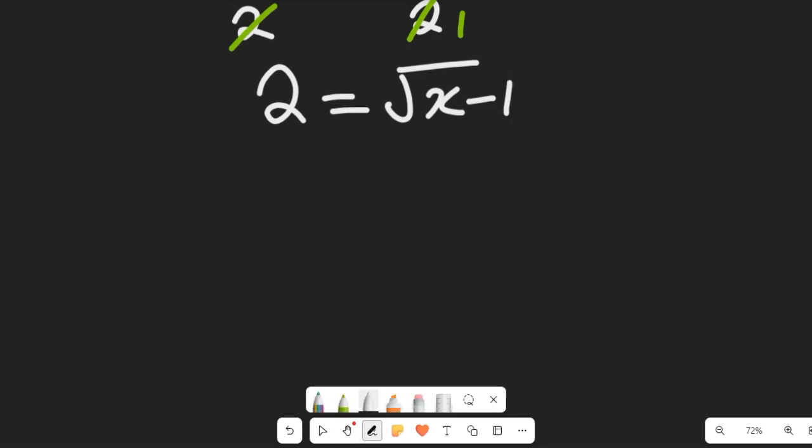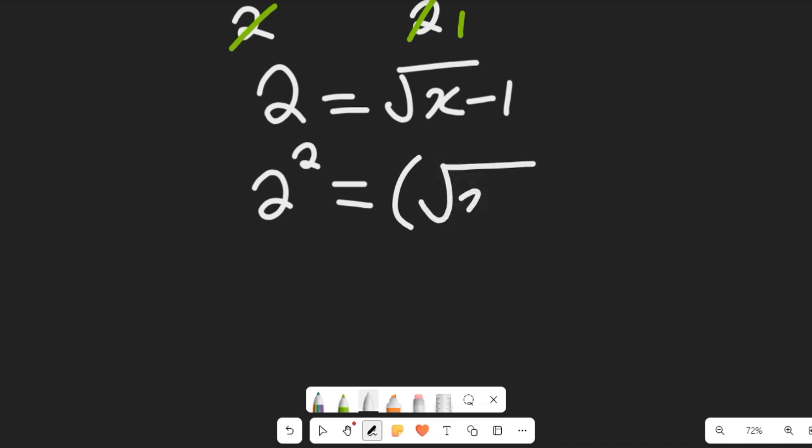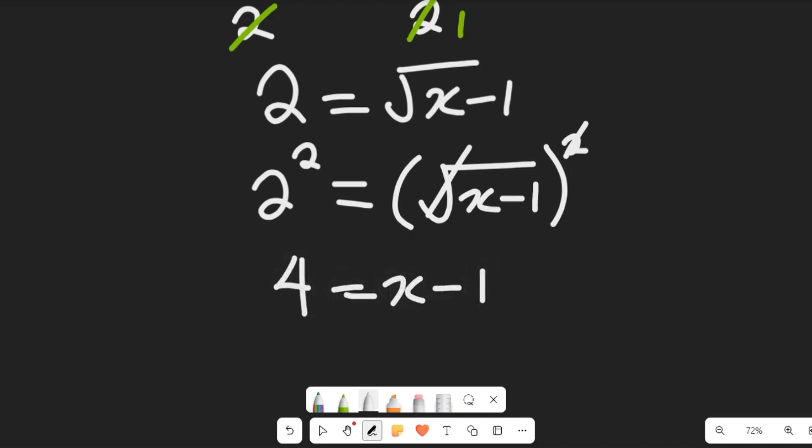To clear the square root, we are going to square both sides. If we square both sides, we'll have x minus 1, all squared, on one side, while the square clears the square root, and we'll have 2 to the power of 2, which is 4, equal to x minus 1.